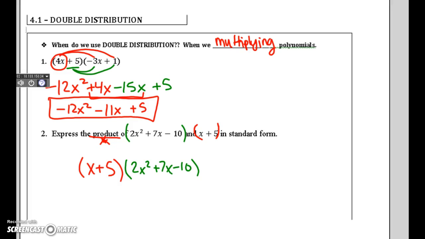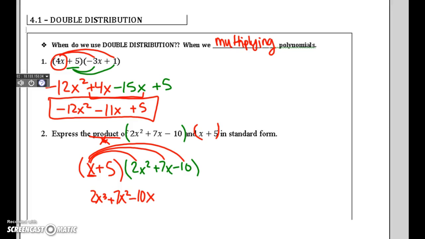So I'm going to take this first term of x and multiply it to every term in the second quantity. So x times 2x squared gives me 2x cubed. X times 7x gives me positive 7x squared. X times negative 10 gives me negative 10x.